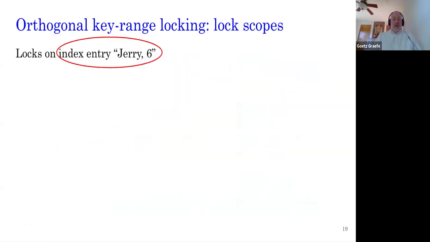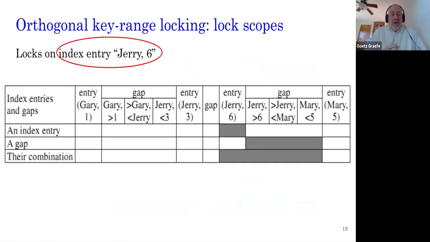So what does it permit you to do? Orthogonal key range locking, as I said, gives two completely independent lock modes for the index entry and the following gap. And so you can lock the index entry in shared or exclusive mode. You can lock the gap in shared or exclusive, or you can lock them both together.